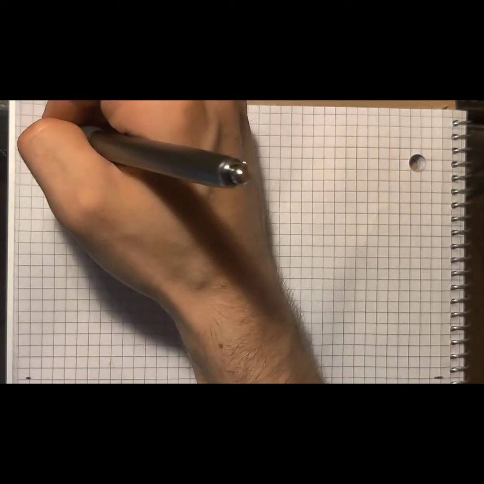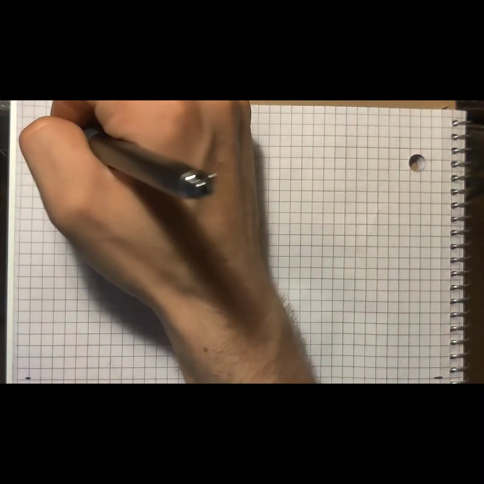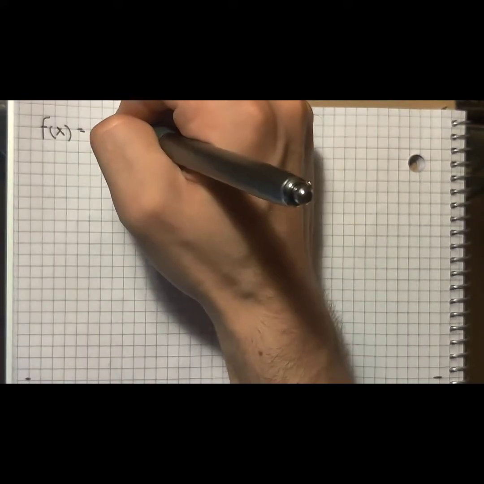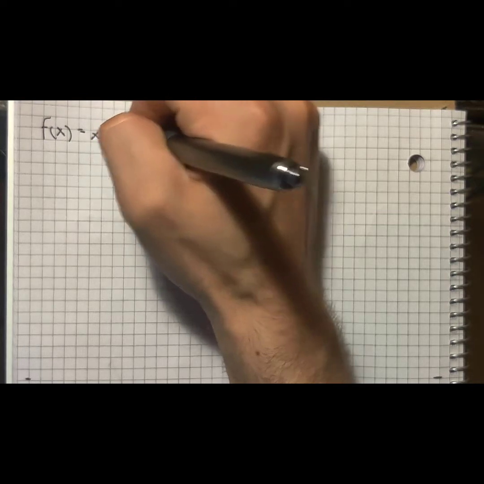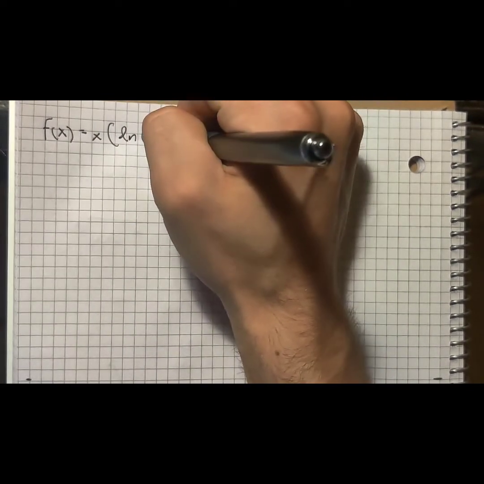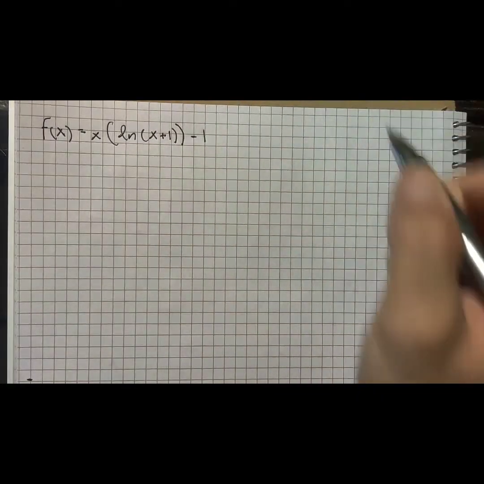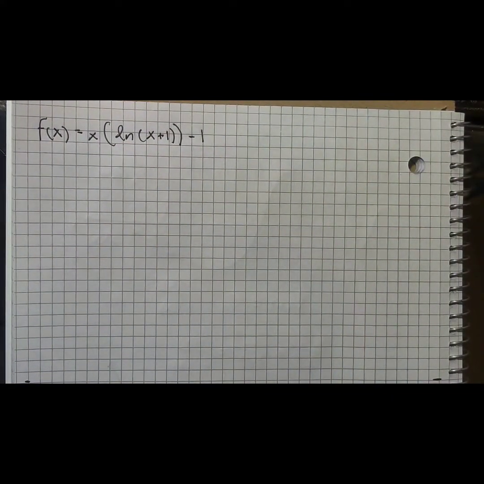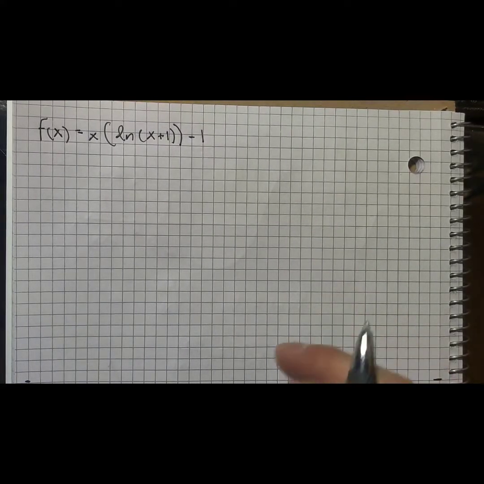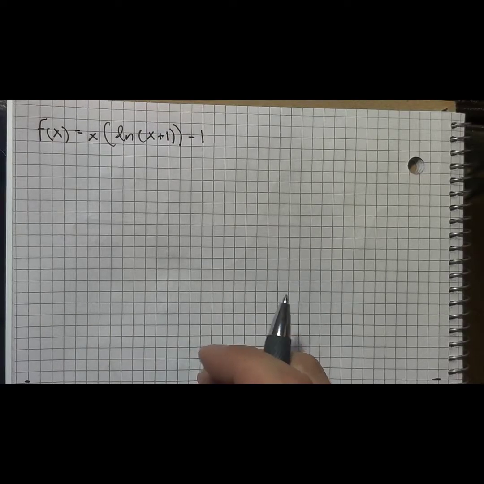Okay guys, so we've gotten a look at how Newton's method works. Now let's actually put it to use evaluating the roots of a function. The function we're going to be working with today is x times the natural log of x plus 1, minus 1. So we know from our demonstration that to use Newton's method, we're going to need 3 pieces of information.